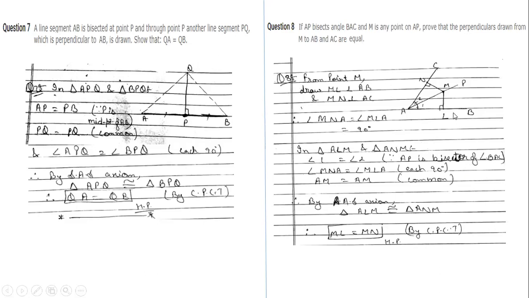Angle MNA is equal to MLA, each 90 degrees. And AM is equal to AM, a common side. So by the angle-angle-side axiom, we can say that these two triangles are congruent. And if triangles are congruent, by using CPCTC, ML is equal to MN.